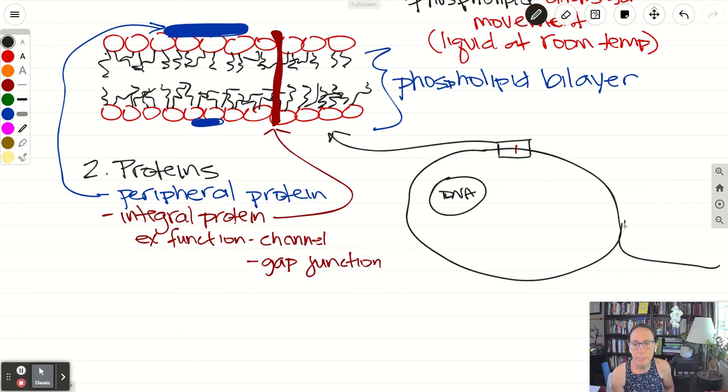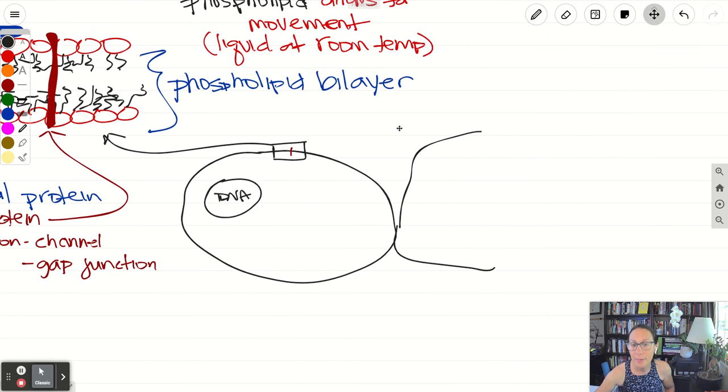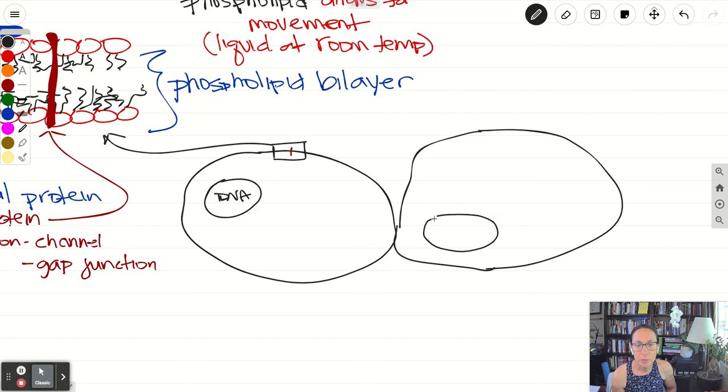So here is another cell, and here's the nucleus of the other cell. Let's say the cells are touching here and we need a hook. Sometimes there are these proteins that will hook one cell to another cell so that the cells stay together. So that's another function, and that's just two examples of functions for integral proteins.